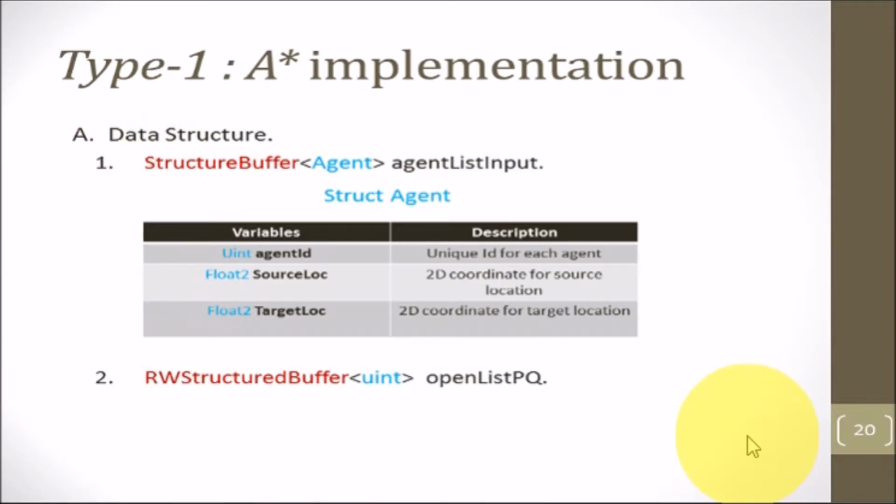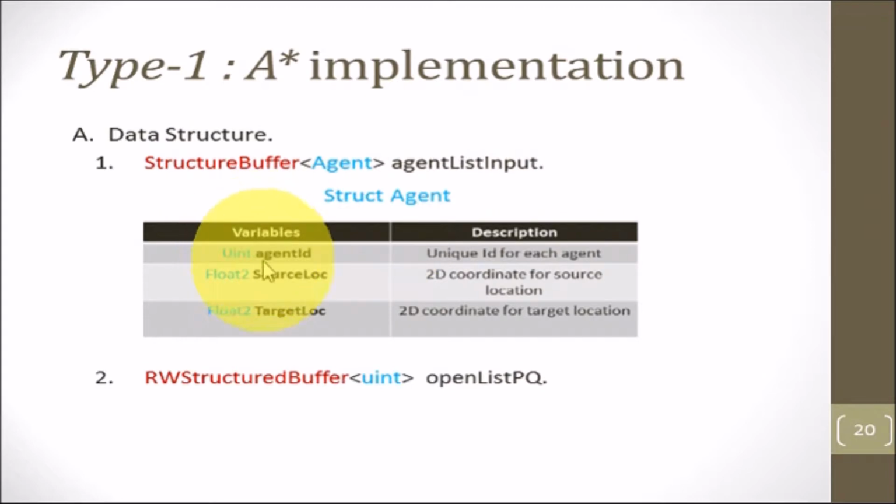Now the type 1 A star implementation, which is a naive implementation. The data structures which we are using for type 1 and type 2 are more or less similar, but for type 2 we have some additional data structures that I will mention when we discuss type 2. For type 1, we have the agent input list with the agent structure.